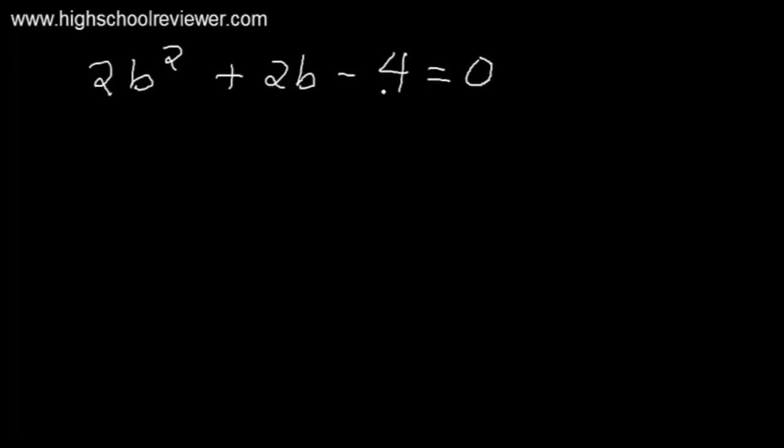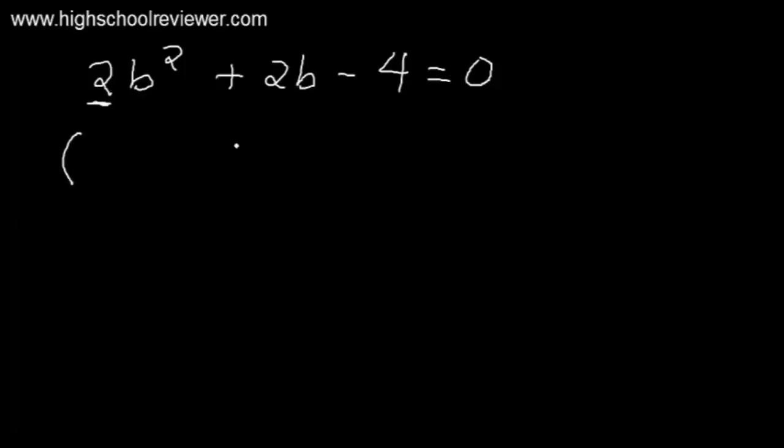Our next problem, we have positive 2b squared plus 2b minus 4 equals 0. Now, since we have here a numerical coefficient before b squared, we are going to base our factoring first on our first term.